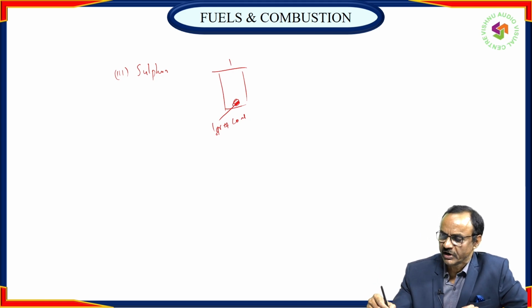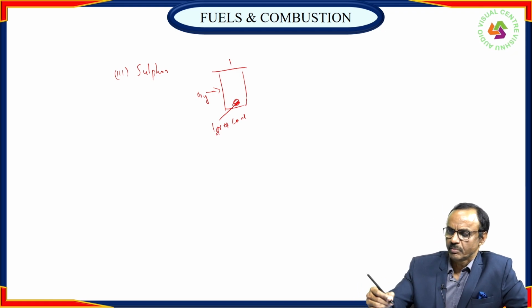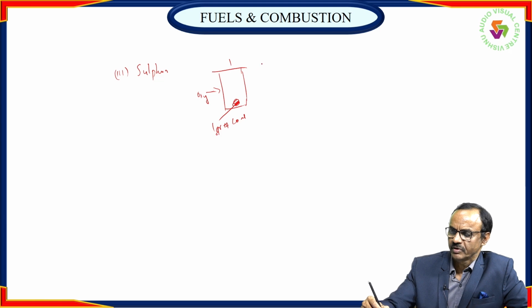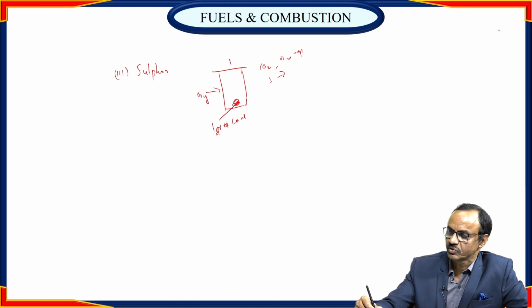So it is a closed container, the bomb calorimeter, completely detached, and you supply oxygen for complete combustion. In the presence of oxygen only, any fuel burns easily. After combustion, the products are CO2 and H2O vapor. If any impurities like sulfur are there, sulfur also converts into sulfur dioxide.